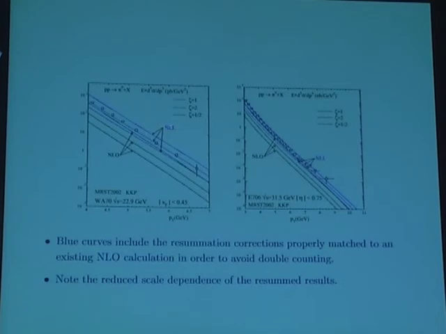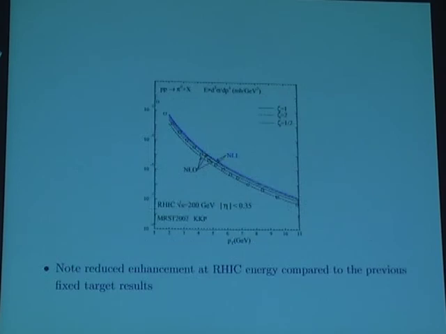The NLL curves have the resummation included. NLO curves do not, and you see that there's a big increase here at root s of 23, here at root s of 32. Also, if you look closely, the bands corresponding to different scale choices are closer together when the resummation effects are included. So here's an answer, maybe an answer, to what went wrong with pi-zeros.